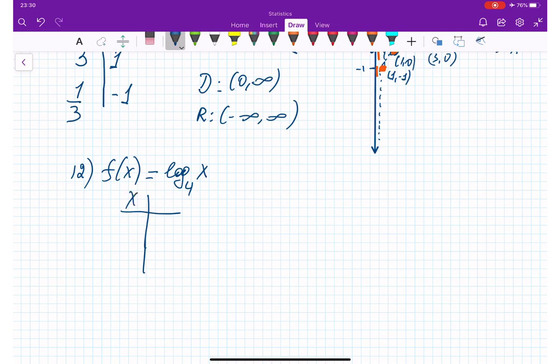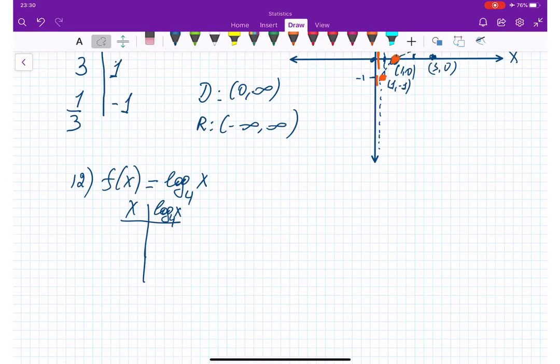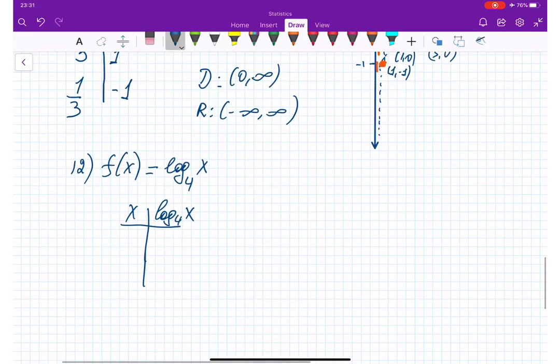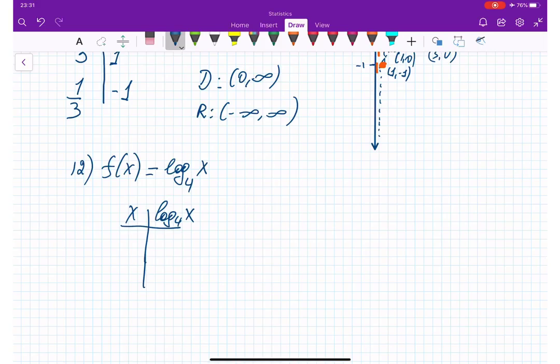So x and log x by base 4. Since I have base 4, first I'm taking 1, and then I will take 4, and then I will take 1 over 4.